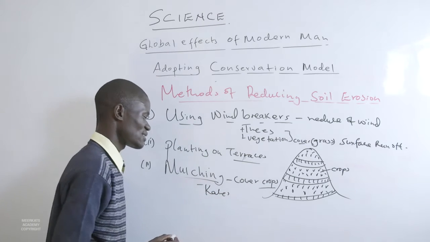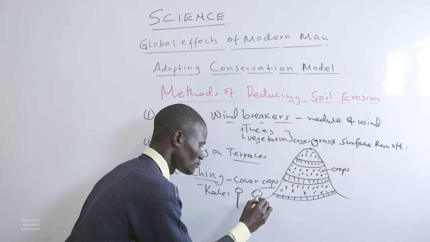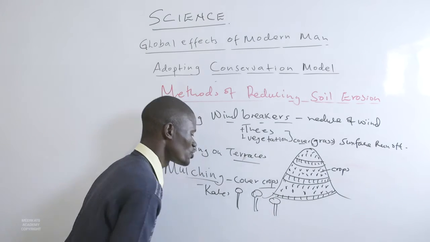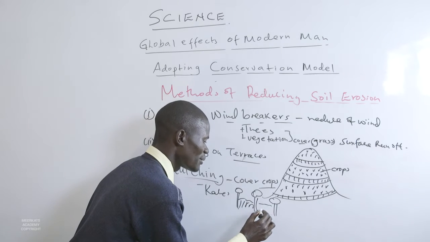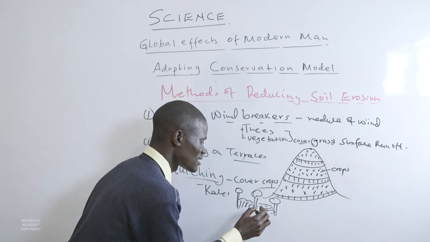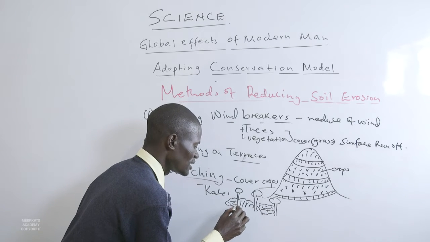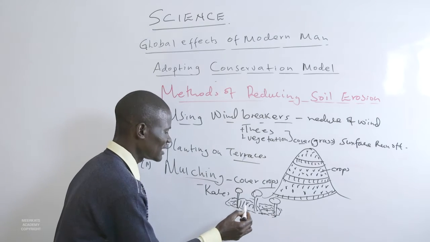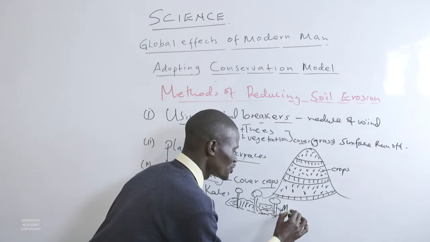You are planting kales, and these kales have been planted in good rows. Therefore, you have to establish a mulch by bringing some dust, especially sawdust, or you can use twigs of trees and plant leaves to mulch. When you mulch this soil, this is what we call a mulch.